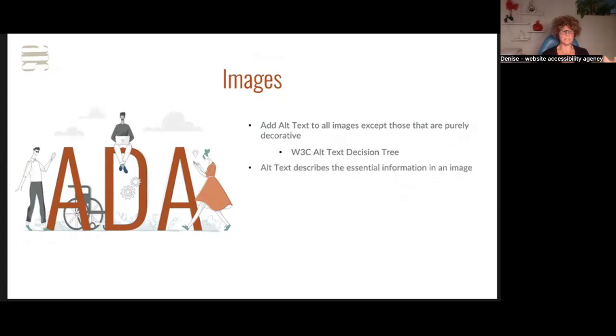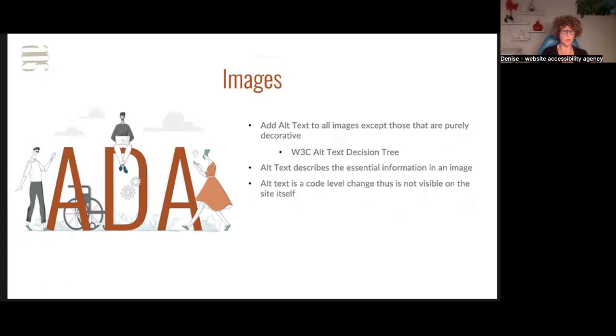Alt text describes the essential information in an image, and it is at the code level. It is not visible on the site itself unless somebody has their images turned off, then the alt text is visible. But unless someone has their images turned off, it's not visible on the site. That's important to know.